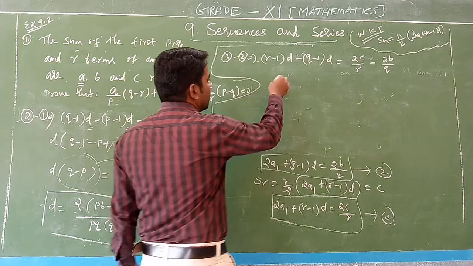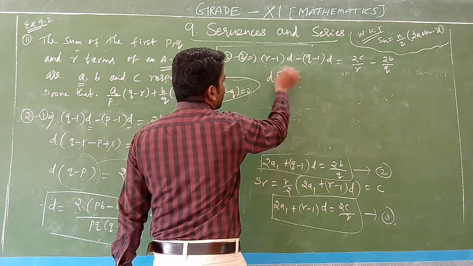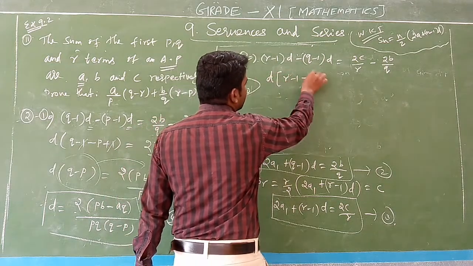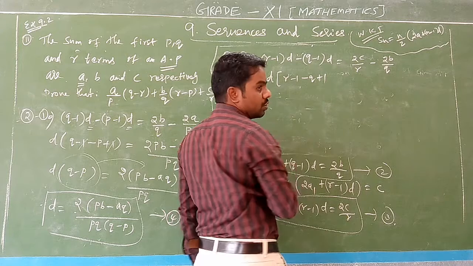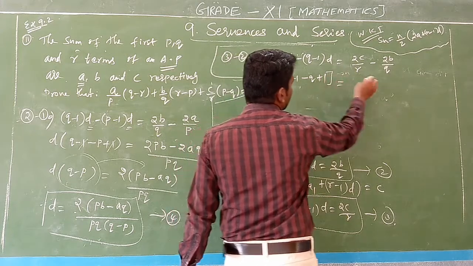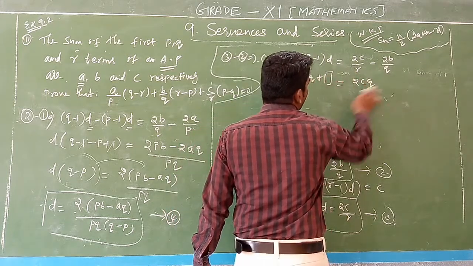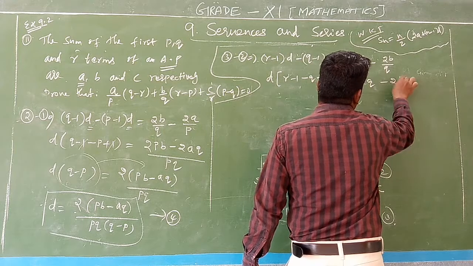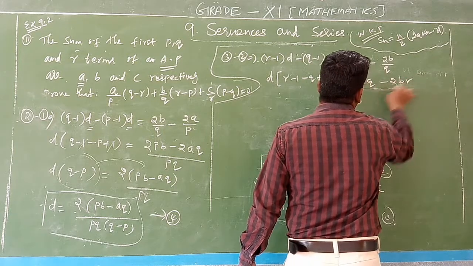Simplify this: d of (r minus 1 minus q plus 1) equals (2cq minus 2br) by qr.